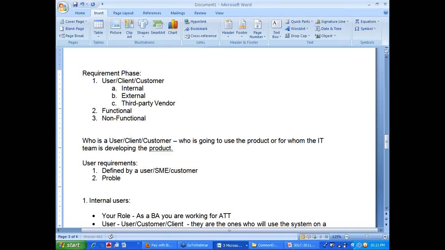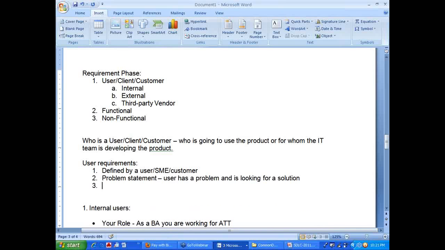It is a problem statement, meaning the user has a problem and is looking for a solution. User requirements are normally high level in nature or lack detail. That is the very nature of user requirements or customer requirements.